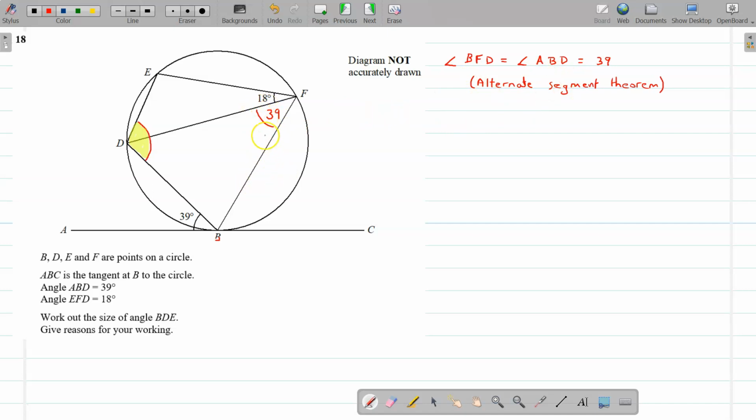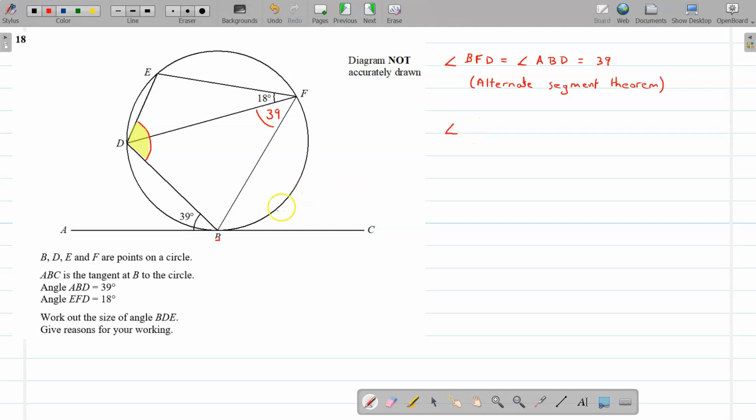Then, so that's 39. And so I'm now going to notice that I have here a quadrilateral, BDEF, all four corners touching the circle. That's called a cyclic quadrilateral. And I know that the opposite angles in a cyclic quadrilateral add to 180.